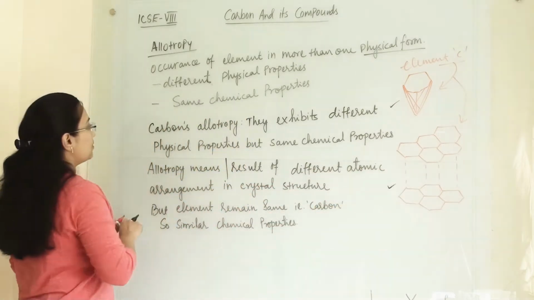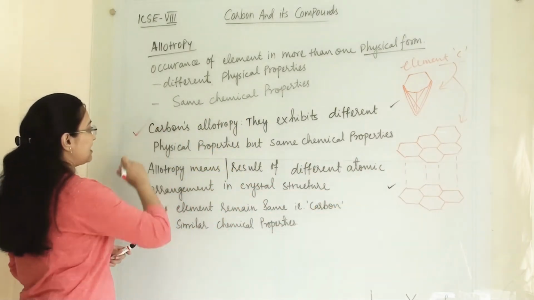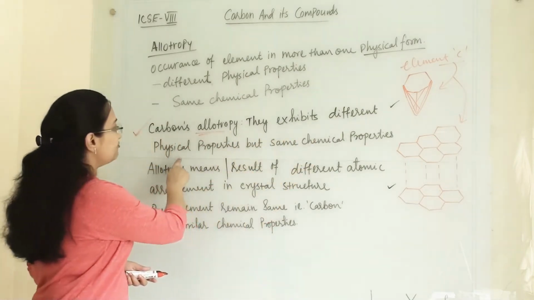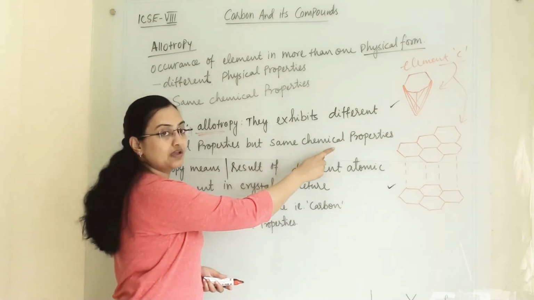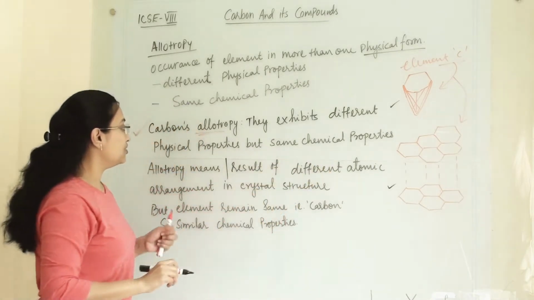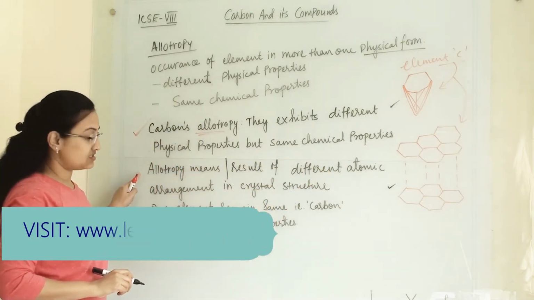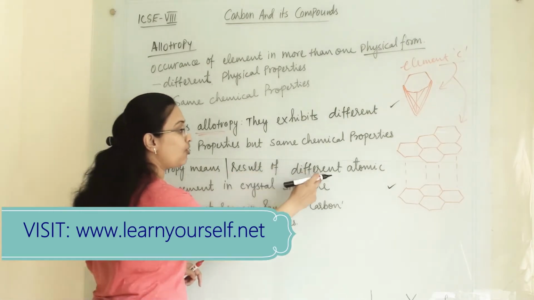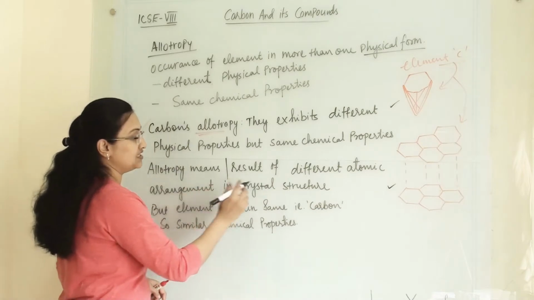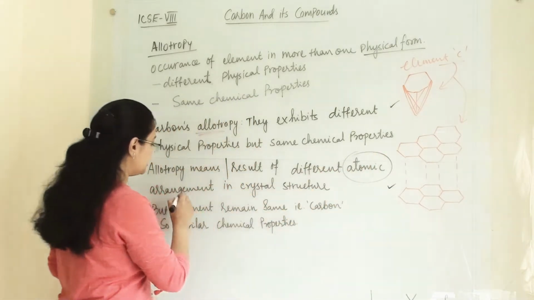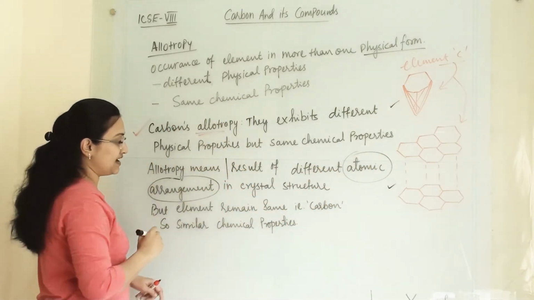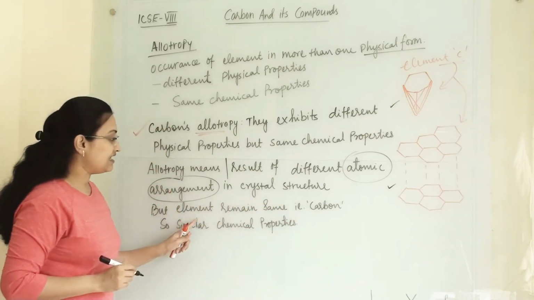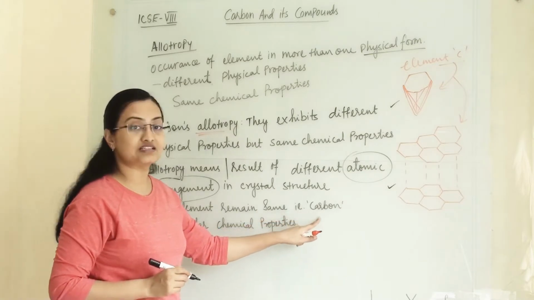So this is one important reason that when carbon allotropy is there, they exhibit different physical properties but the same chemical properties. So what we are going to write as an answer is: allotropy is a result of different atomic arrangement in a crystal structure. This is very important. But the element remains the same, that is carbon.